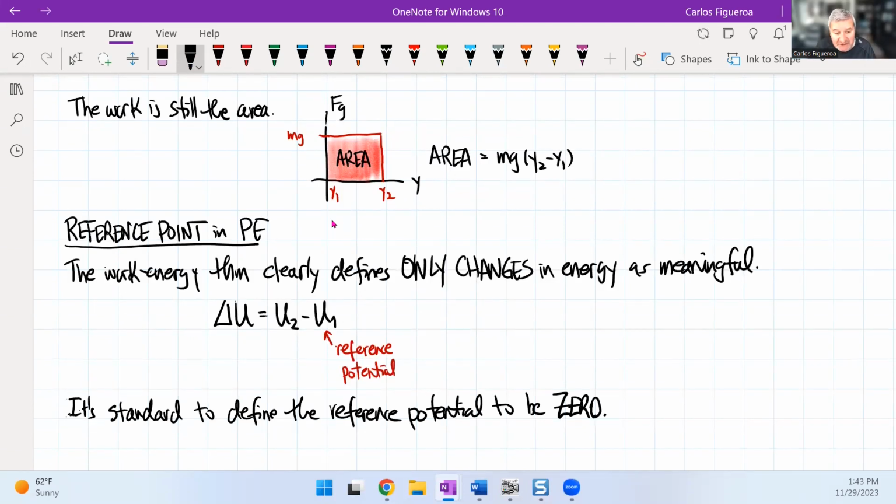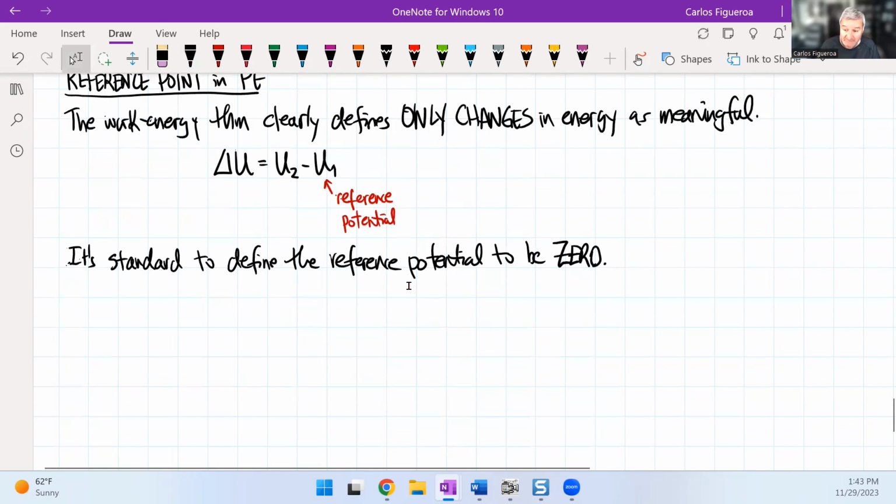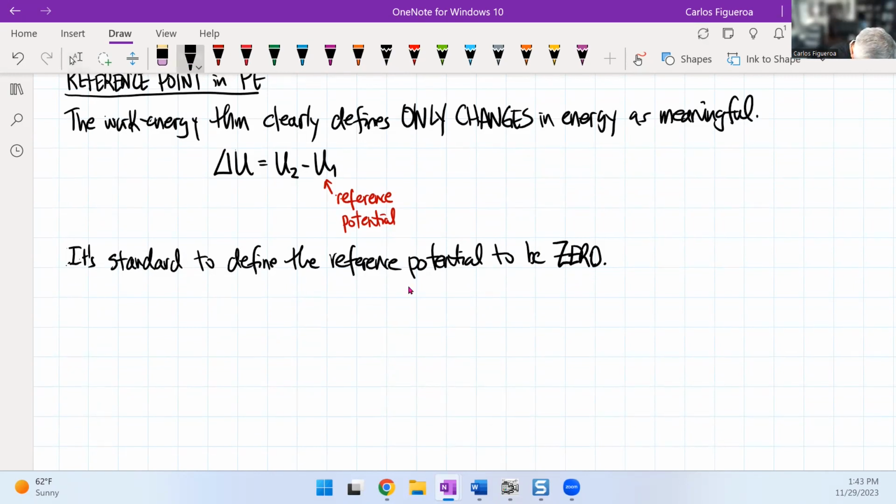I could think of certain places, like in electricity and magnetism, not to choose it to be 0, but the vast, vast majority of the time, we choose it to be 0. So here's what we mean by this. I'm going to give you an example, and it looks like this.